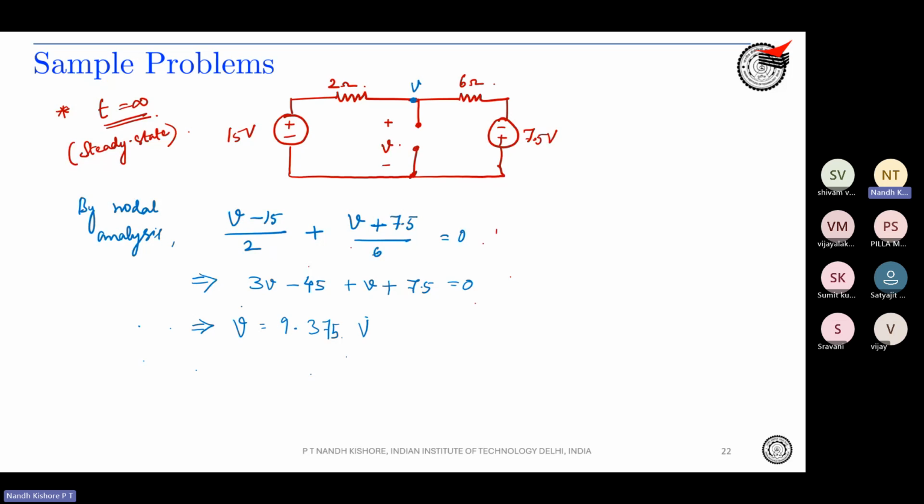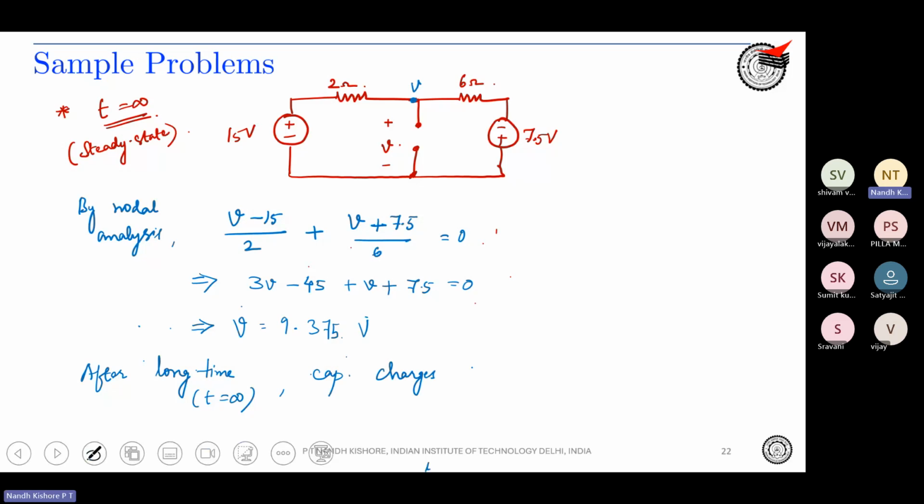So the 1/3 farad capacitor will be charged to 9.375 volts at t equal to infinity. After a long time, once the switch is closed, at t equal to infinity, the capacitor charges to 9.375 volts. So basically what is happening?